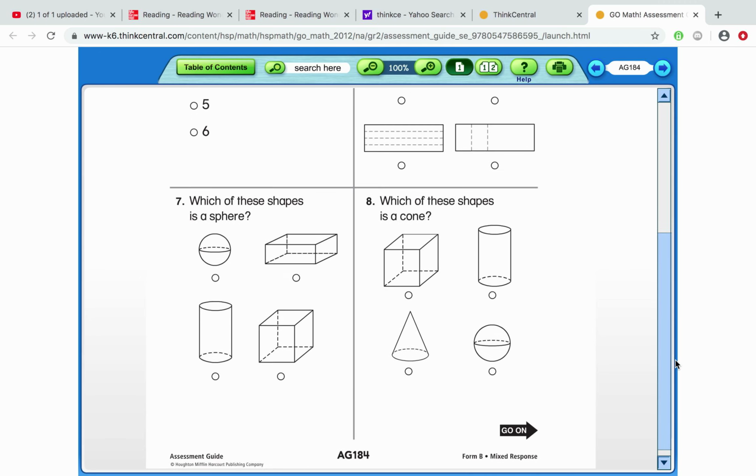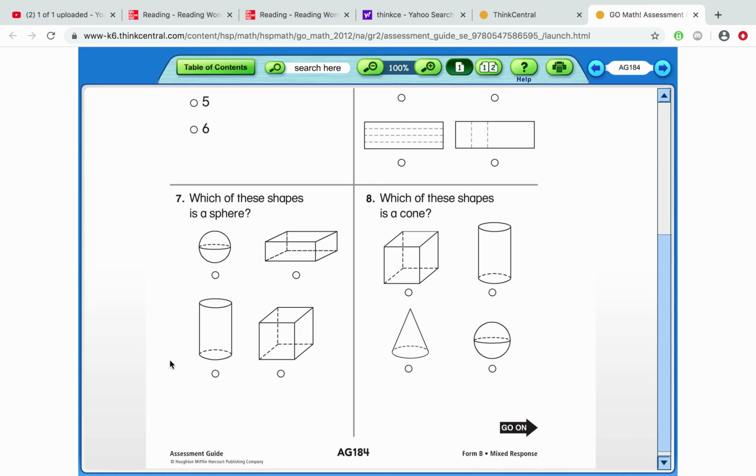All right, let's take a look at number 7. Looks like we're looking at some solid geometry, 3-dimensional shapes. Which of these shapes is a sphere? Okay, go ahead and kind of draw your best of which one you think is a sphere. I hope you chose this circle with kind of a line around it.